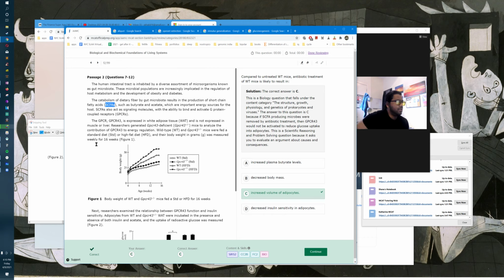So butyrate levels will decrease, not increase, right? Exactly. They will decrease because there's no gut microbiota to process those fatty acids.